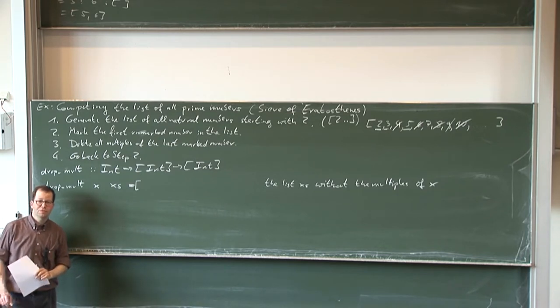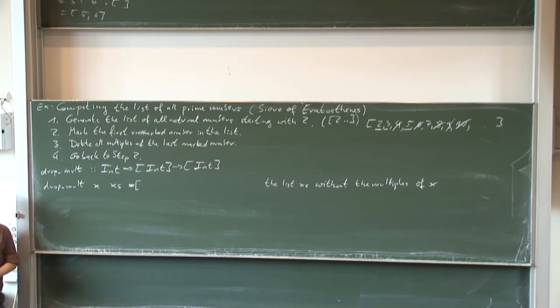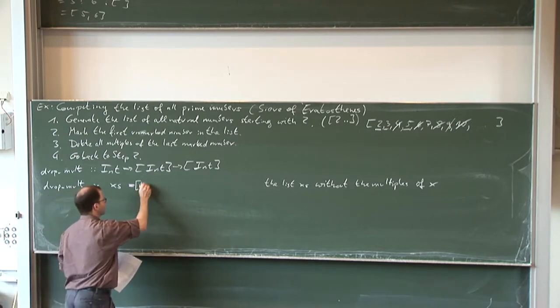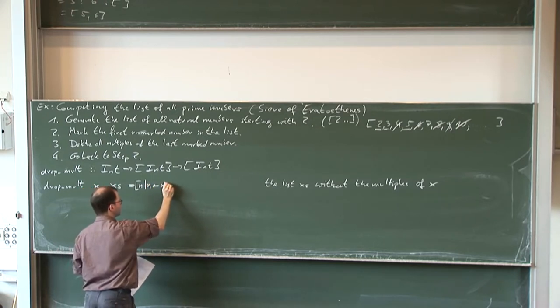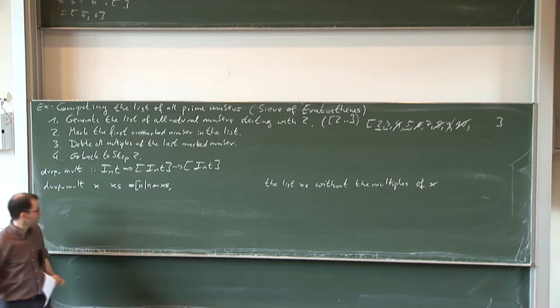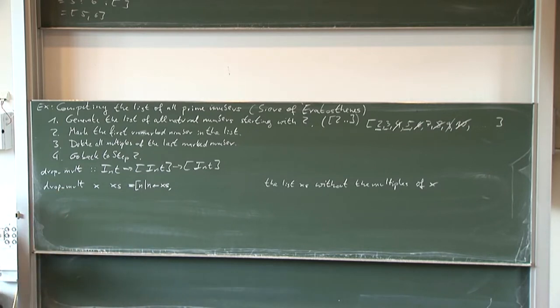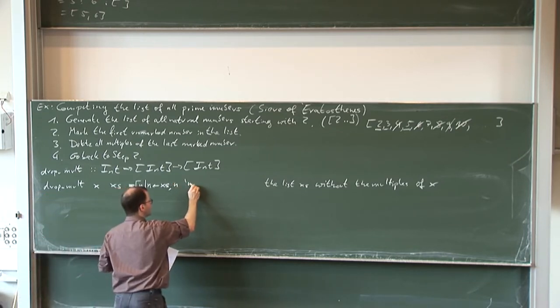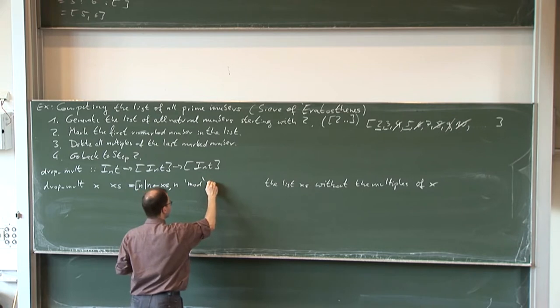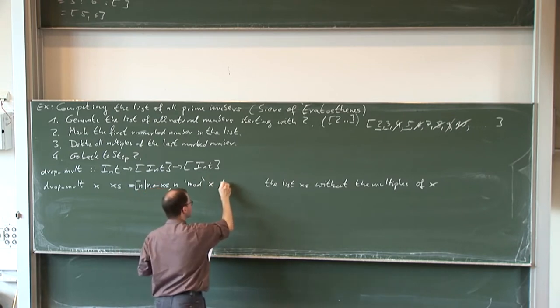So any idea how to write this in a nice and short way? List of n's. Okay. Where? Of n's, where n is from xs. And n mod x is non-zero. Correct. And n mod x is not 0.